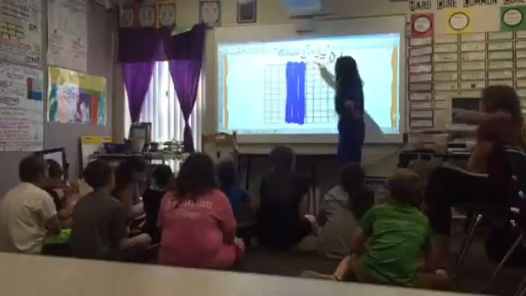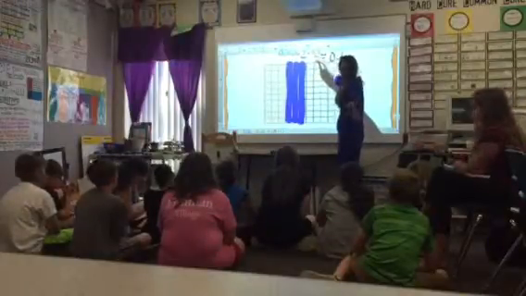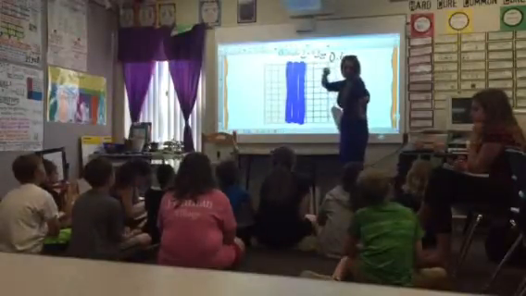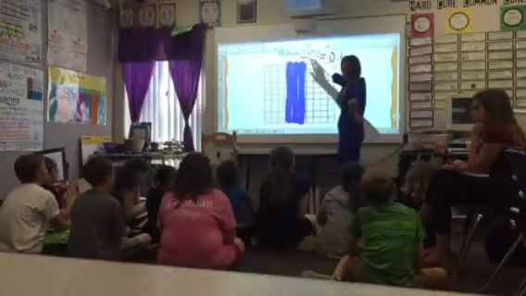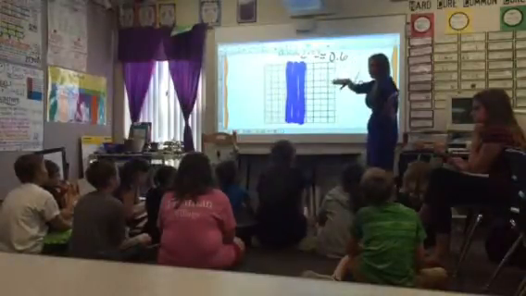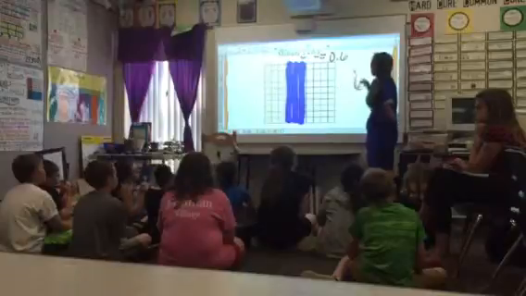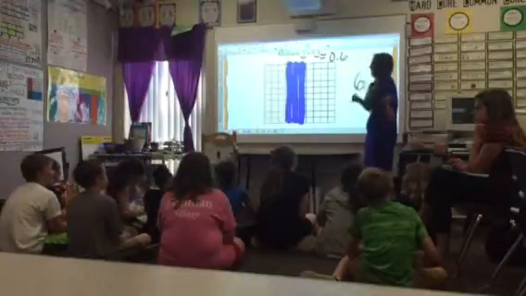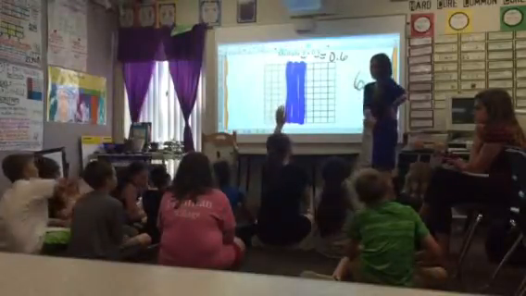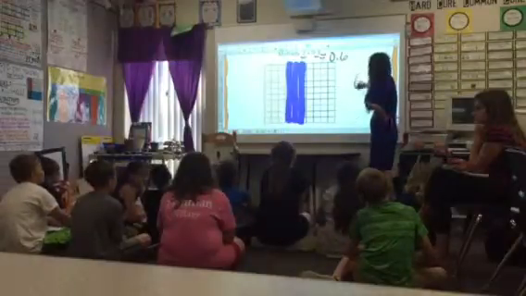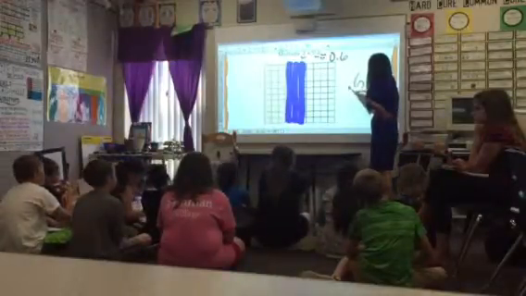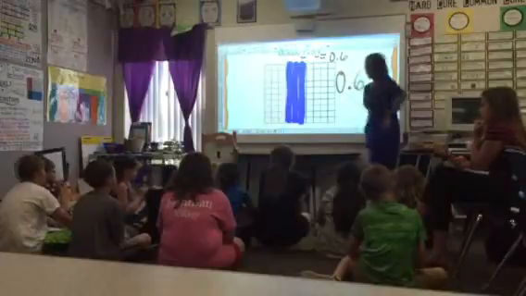Yes. How many? 1. So how many total places after the decimal are we going to find in our product? 1. So where do I have to place my decimal in order to have 1 after it? Sabrina? To the left of the 6, yeah. And I could write 0.6, same thing, same value, right?